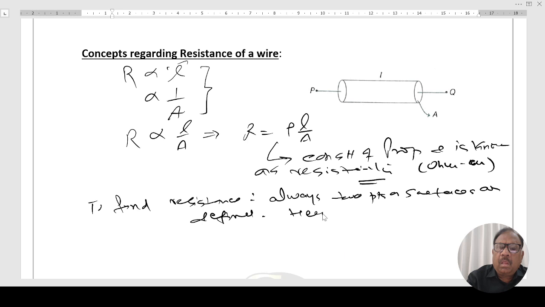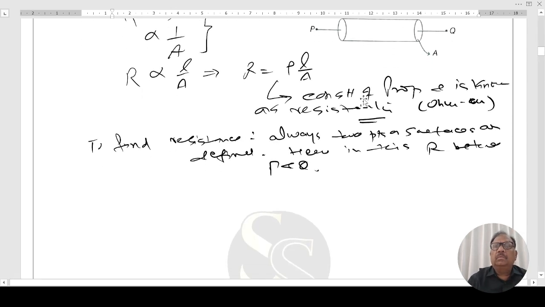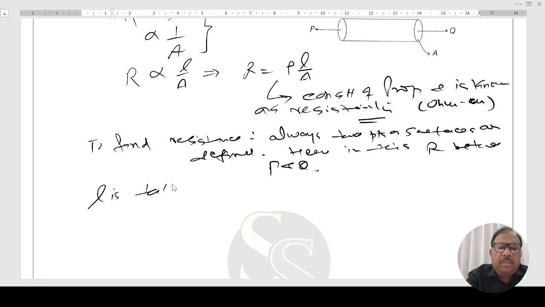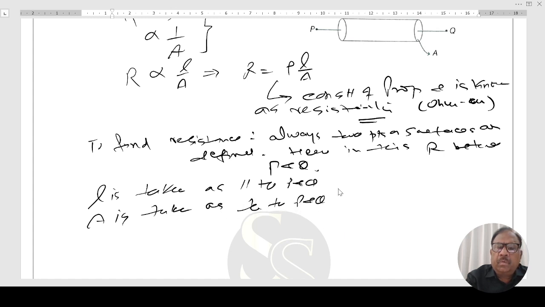Here, in this case, R between P and Q. L is taken as parallel to P and Q, and A is taken as perpendicular to P and Q, right?